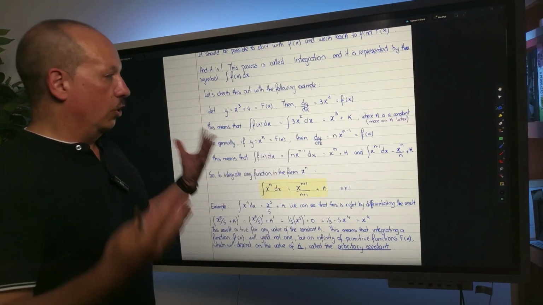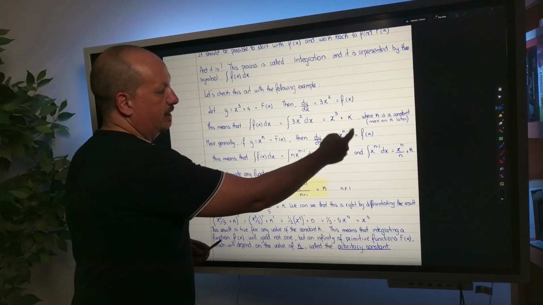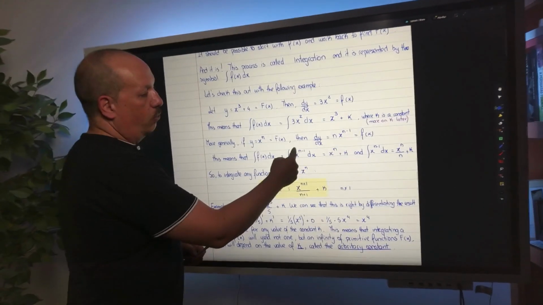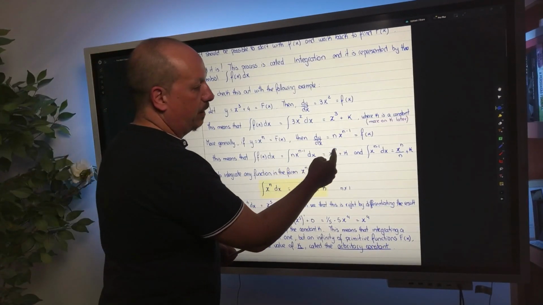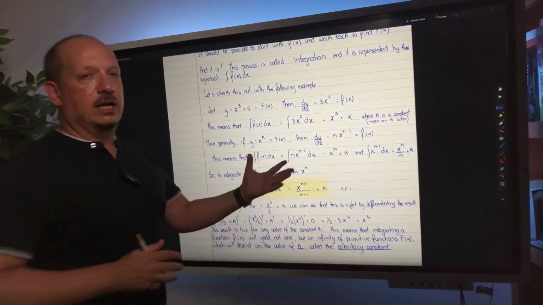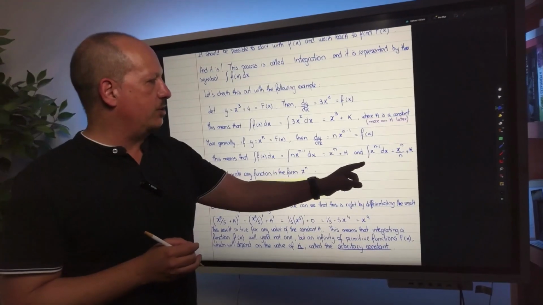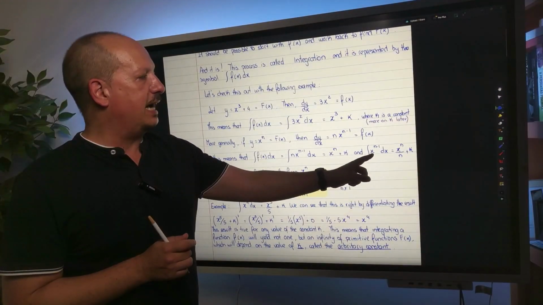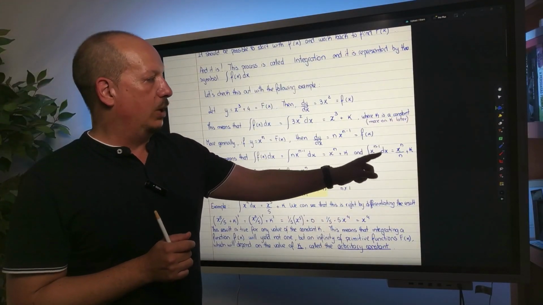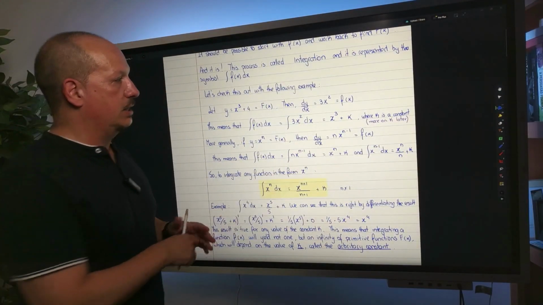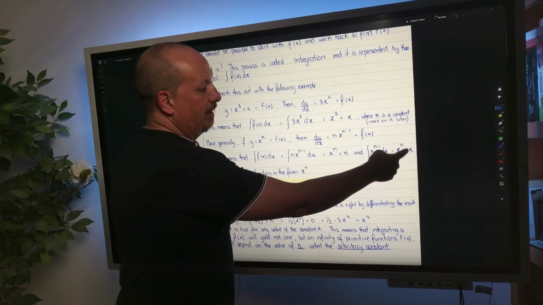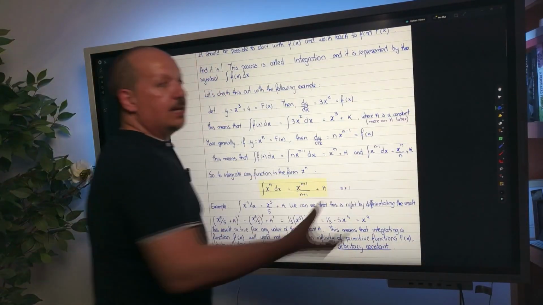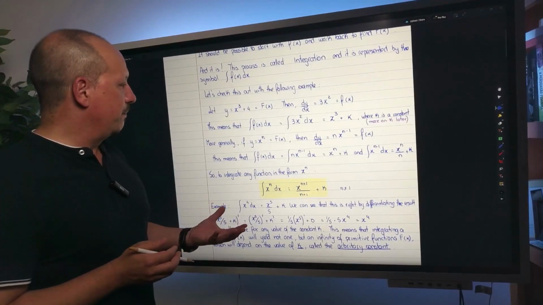So if we integrate this now, we should get the x to the power of n. So this means that every time we integrate a function in the form of x to the power of n minus 1 dx, we will get x to the power of n divided by n plus a constant that we don't know yet.